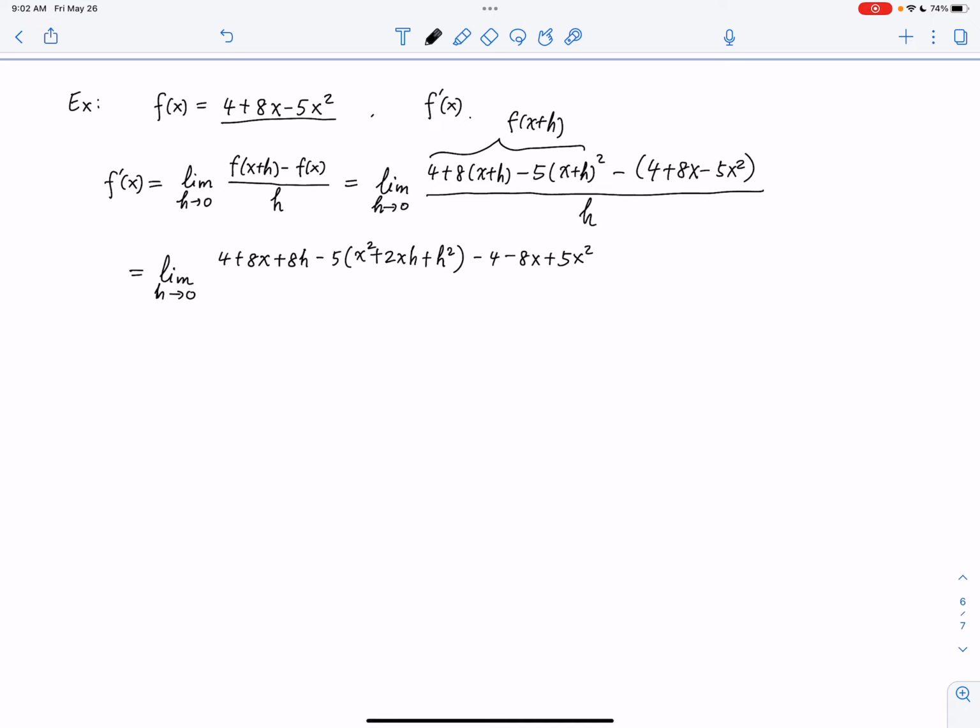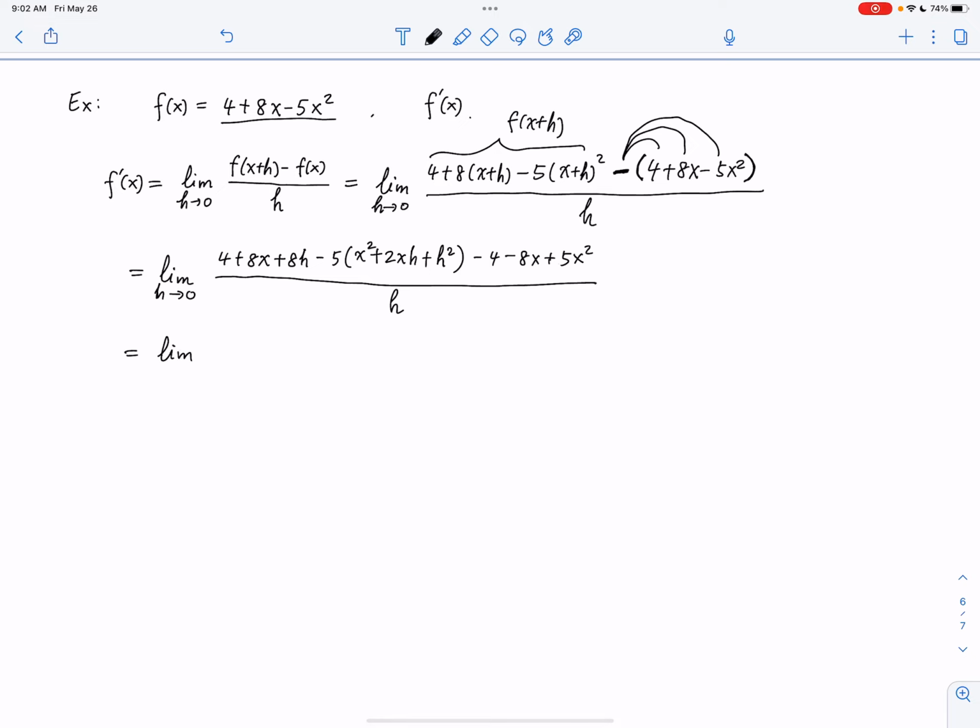So be careful about the sign, because you have a minus here, so it's minus the whole thing. That means you have negative 4 and negative 8x, but for 5x squared, you get 2 minus signs, which means a positive. So that's why you have plus 5x squared. That's the numerator, and the denominator is just h.